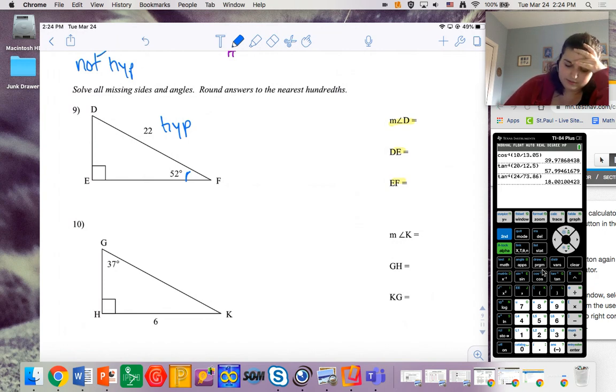Okay, sine is opposite, so I'd be finding DE. Okay, so sine of 52 degrees is equal to the opposite. So I'm just going to write DE instead of X, so we have a lot of stuff to solve, over 22.